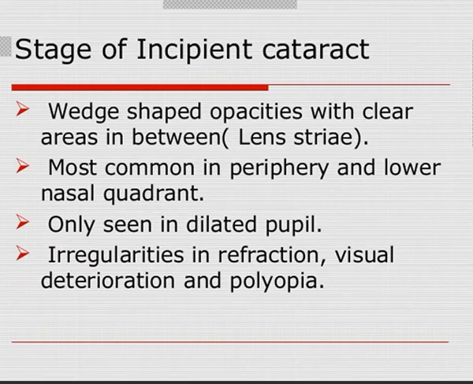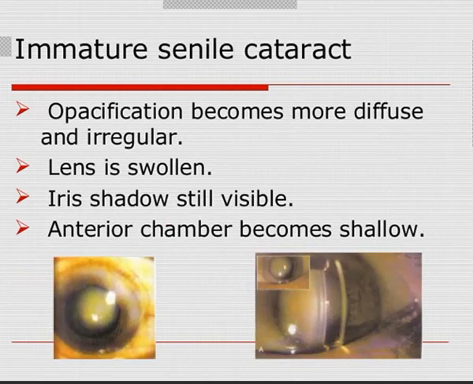There are irregularities in refraction, because the main function of the lens, in addition to accommodation, is refraction and bending of light rays, and the deposition or hydration and opacification abnormalities lead to refractive irregularity. So visual deterioration also occurs, and because the lens fibers are separated and each fiber acts as a lens, there is polyopia.